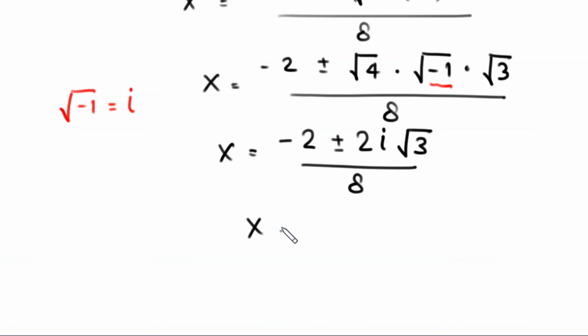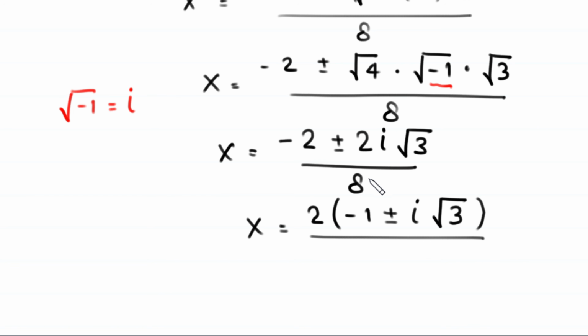Next, from the numerator we can factor out 2, in bracket we left with negative 1 plus or minus i times root 3, divided by this 8, which is the same as 2 times 4.